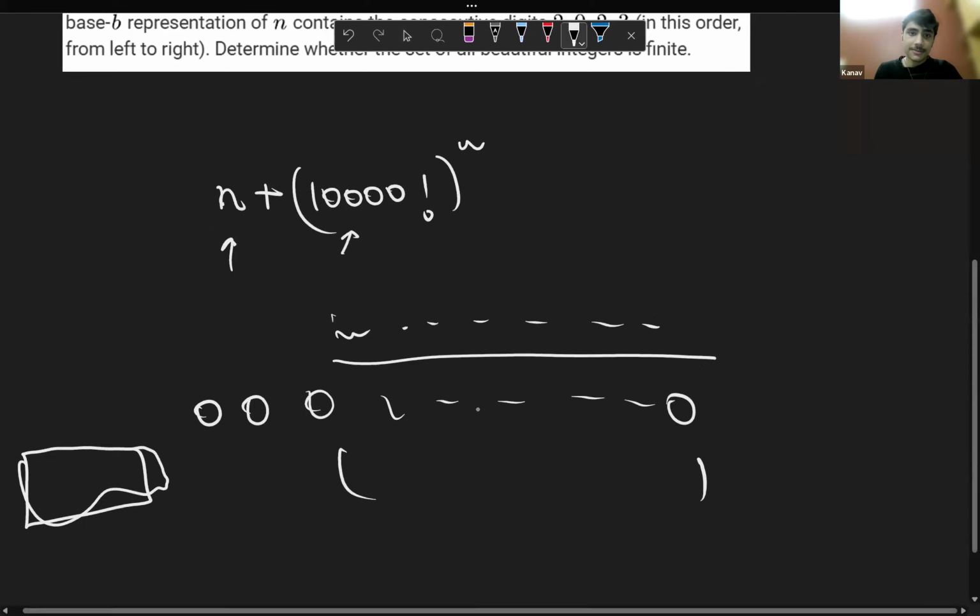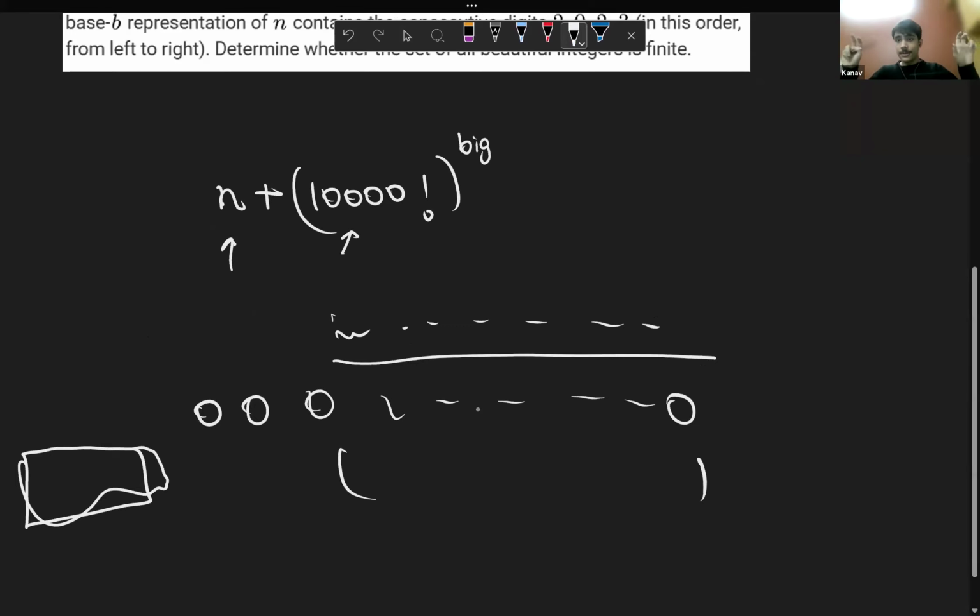So I can choose some big enough exponent right here. I can preserve my previous construction, and for the beginning digits I have some amount of freedom. I don't know what the beginning digits are, but I can multiply by some free constant k, which gives me some sort of freedom. Does that make sense?